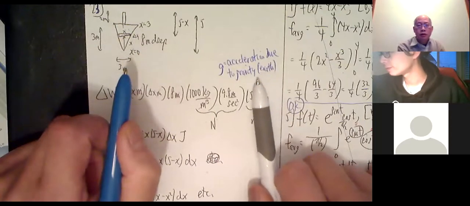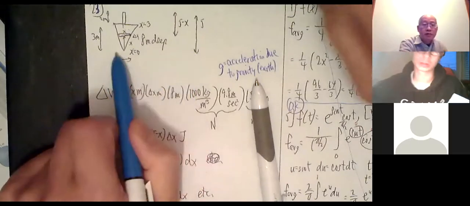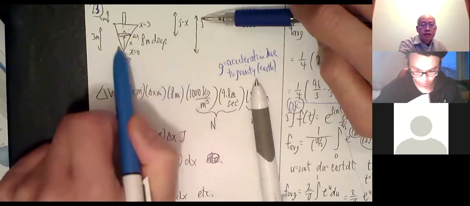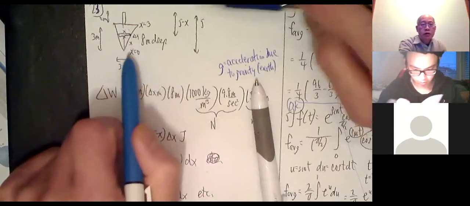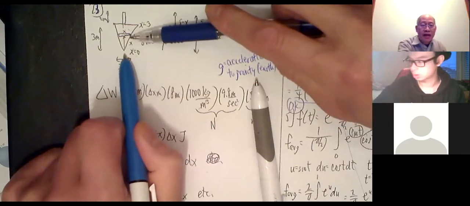The way we figure it is the distance from the bottom to the top is 5, because they said this was 3, this is 2. So this is 5. And we declared this to be x.